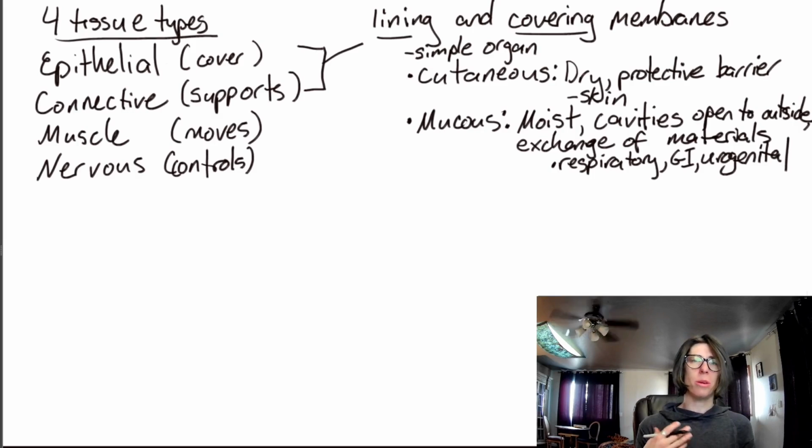And then your reproductive system is also about exchange of materials in a different way. It's about exchange of genetic materials. So there's also a lot of other secretions that go along with that, right, that facilitate the exchange, the reception or the donation of genetic material. But you get the idea. So these are all parts of the body that are open to the outside world because they're designed to exchange material with the outside world.